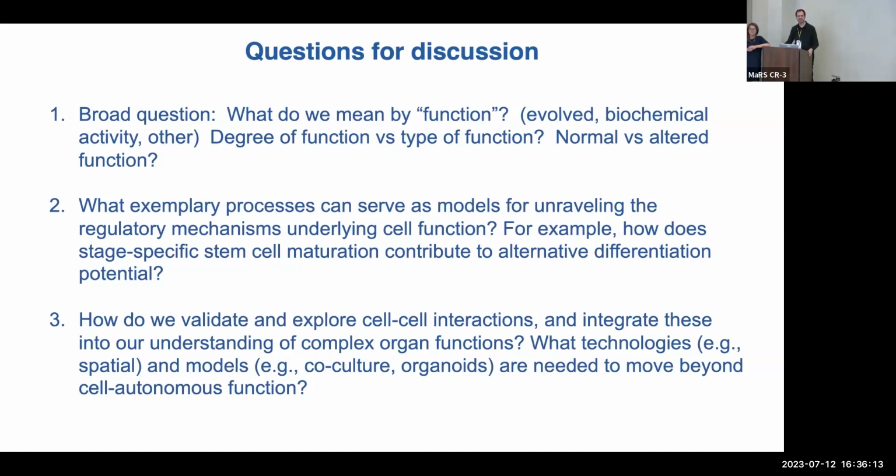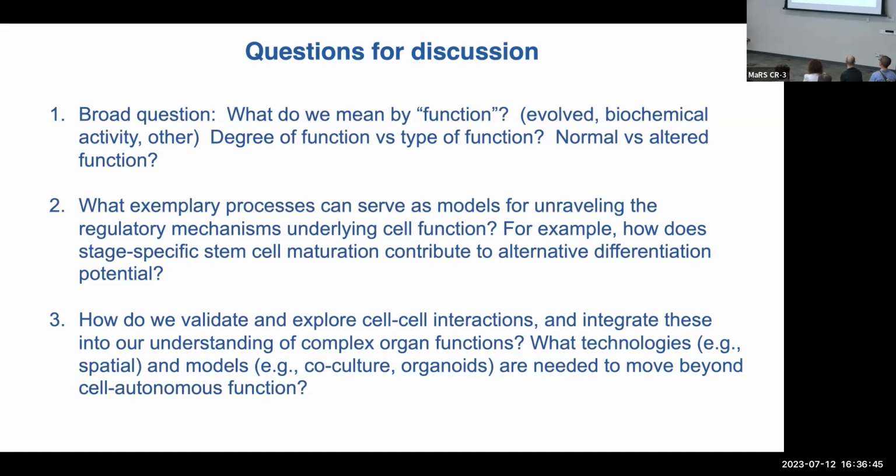So the problem with function is that it is not cell autonomous in most cases. We need to think of function at a hierarchical scale, and not only at a hierarchical scale, but also at a quantitative scale. And that's quite different because the genome is an information medium, whereas the body is a physical execution medium of sorts.